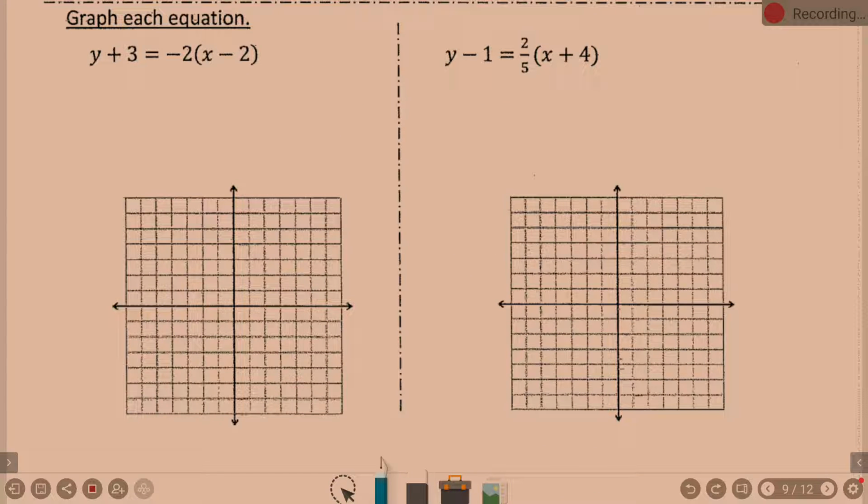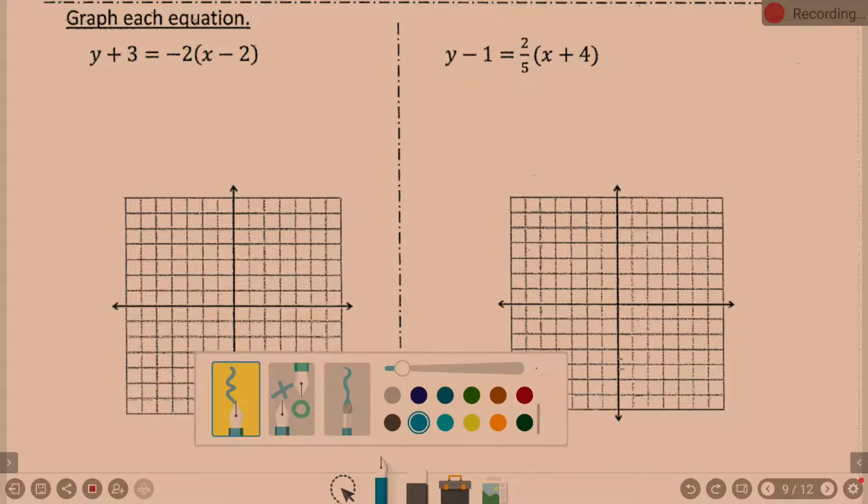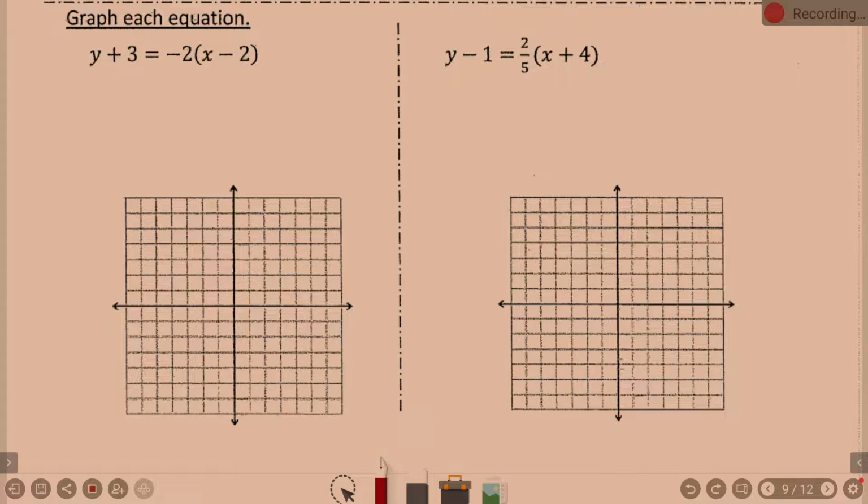Graph each equation. Notice what form this is in? You should know. What's the title of the lesson? The lesson is called point slope form. Right there, guys.